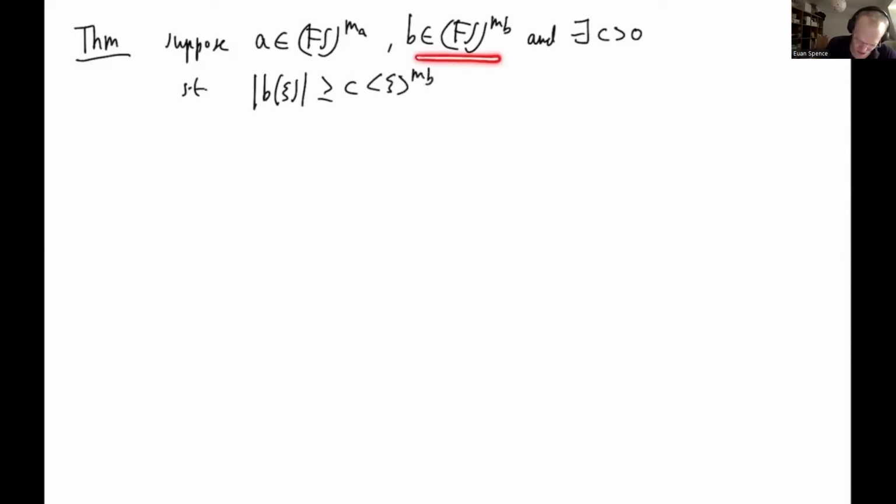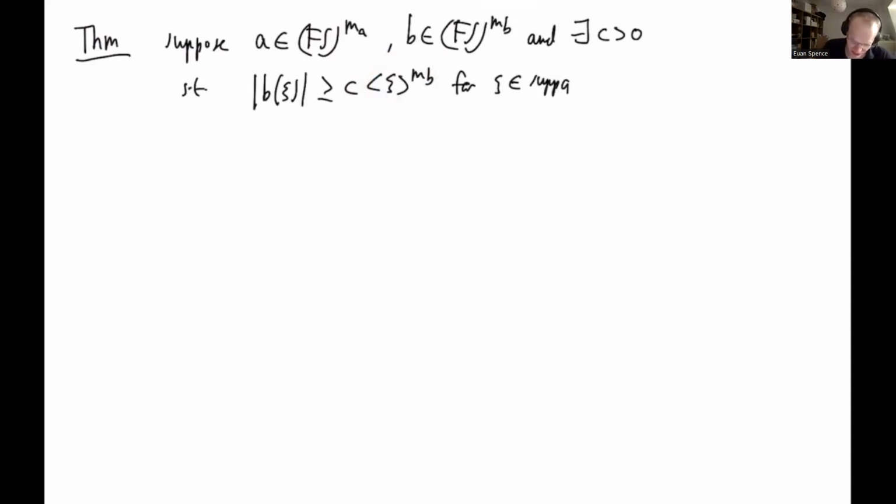So B is a Fourier symbol of order MB, and this symbol B is bounded below by the angle bracket psi to that order for psi on the support of A.